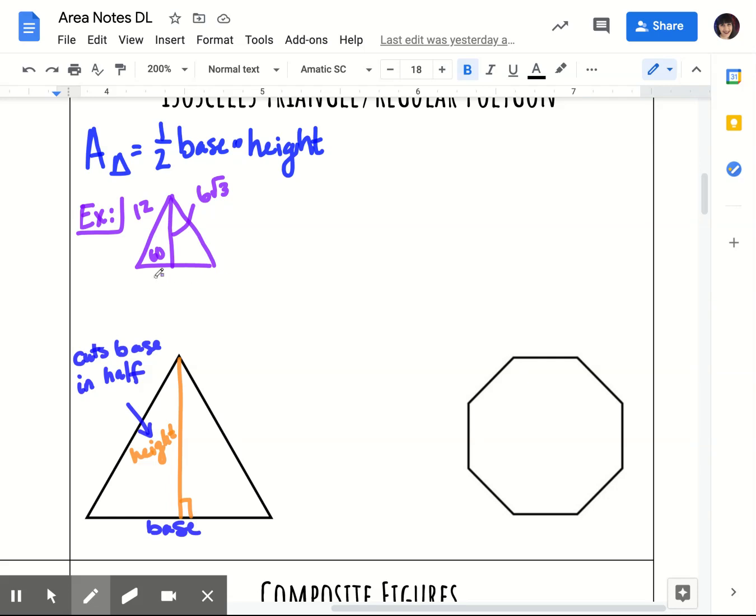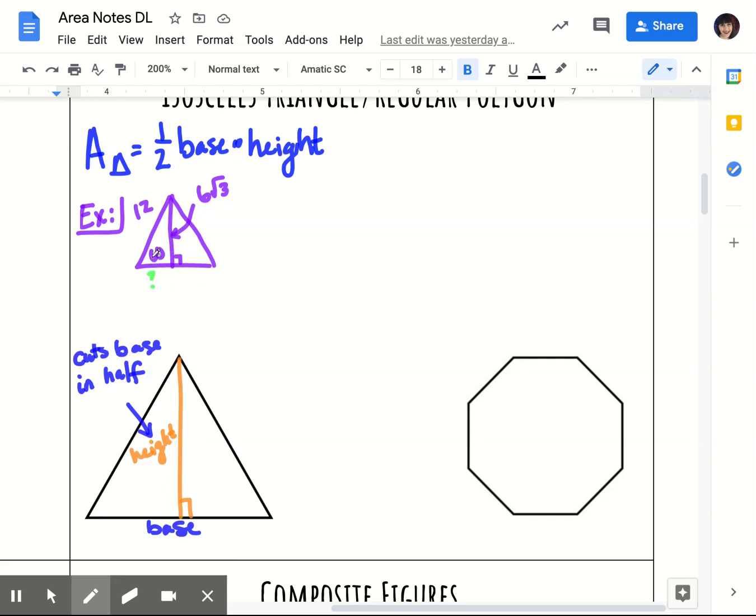And then I obviously need to know what the base is in order to find the area. This is another situation where you might need to use your knowledge of Pythagorean theorem, because we have two right triangles going on here, or your knowledge of special right triangles, because those two small triangles are 30-60-90 triangles, or you can use trig to help you find what this missing part would be.